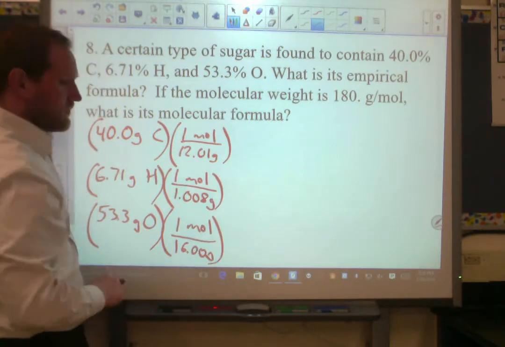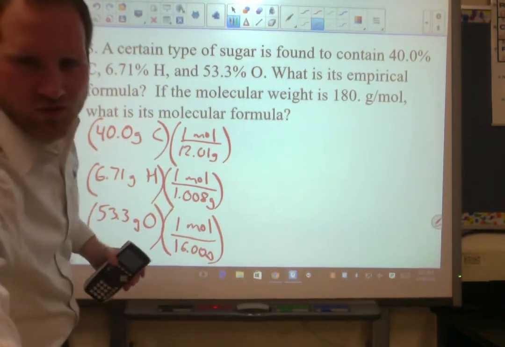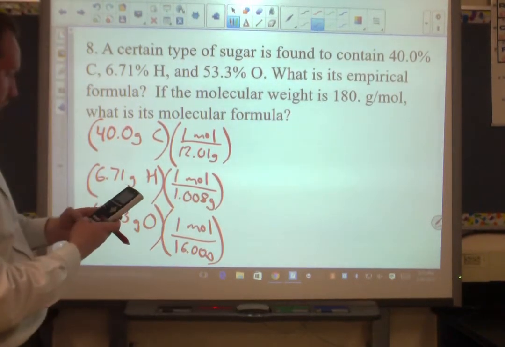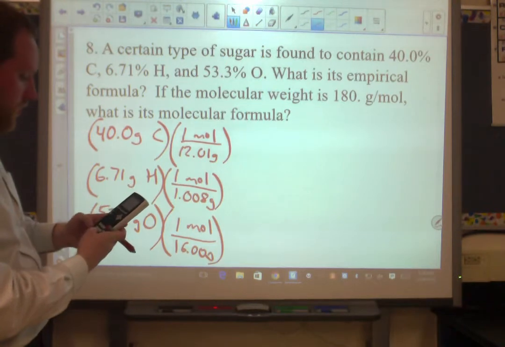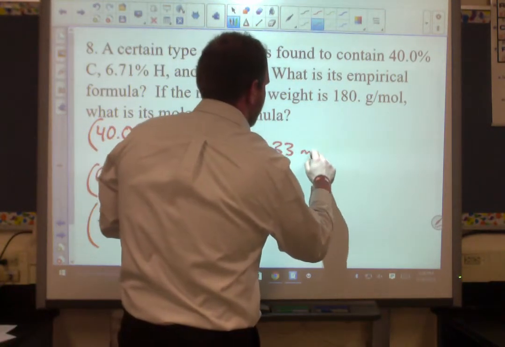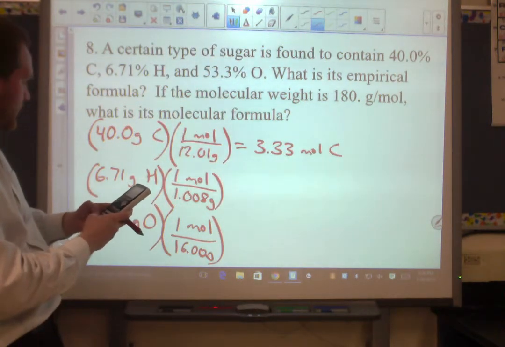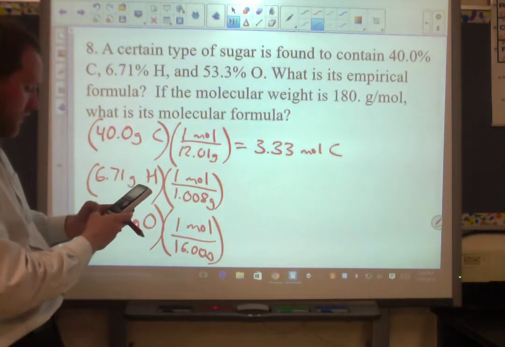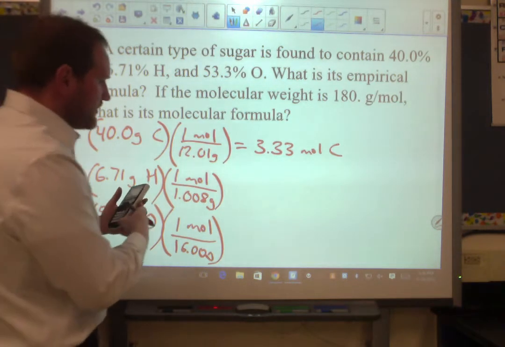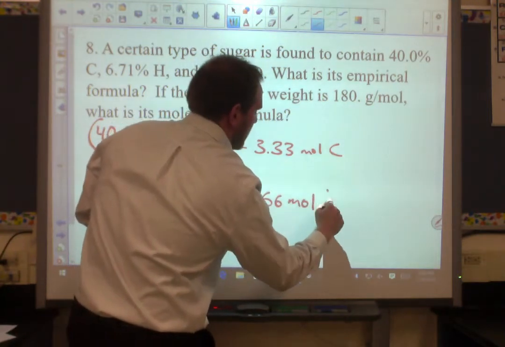All right, let's do the math. 40 divided by 12.01 gives me 3.33 moles of carbon. I like that number, nice and clean. 6.71 divided by 1.008 gives me 6.66 moles of hydrogen.